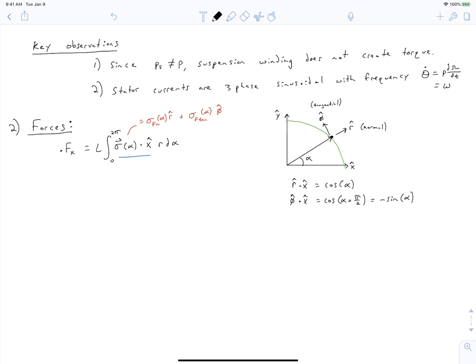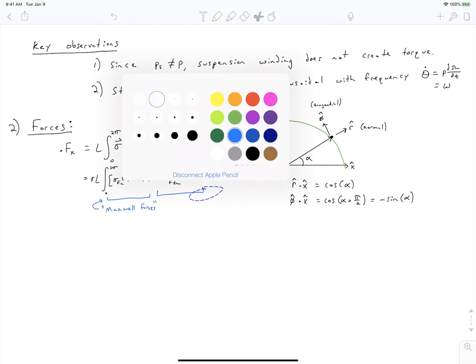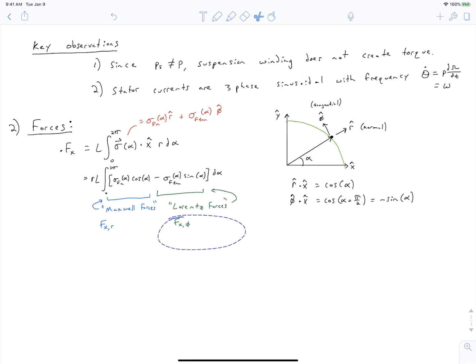And so r hat dotted with x hat is equal to cosine alpha. Phi hat dotted with x hat is equal to the negative sine of alpha. Again, we're doing that to evaluate these dot products right here.